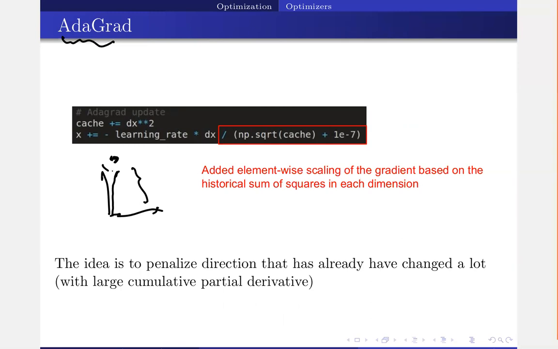Or you think of it the other way: if the other direction hasn't moved a lot yet, then maybe I should give it more opportunity to explore. So relative to this direction, it is here.